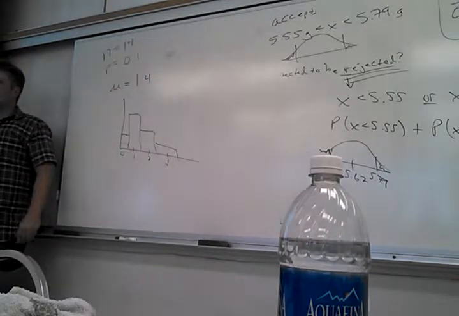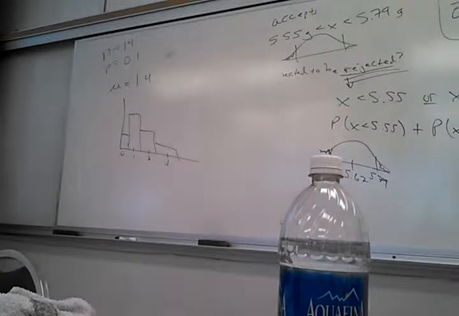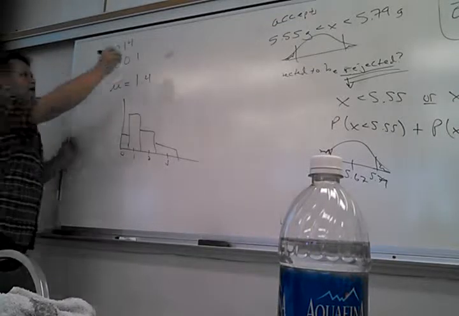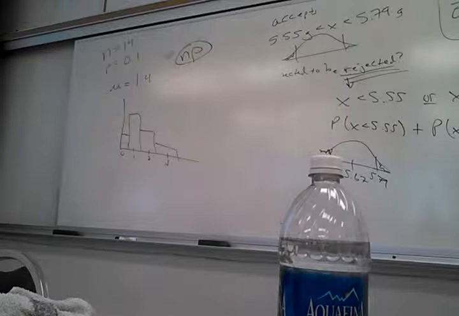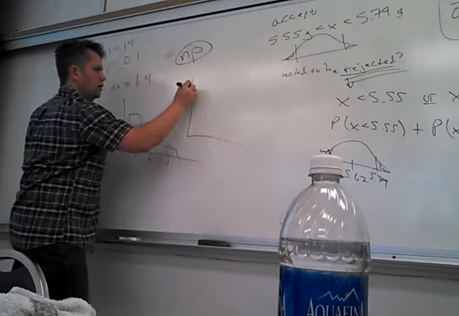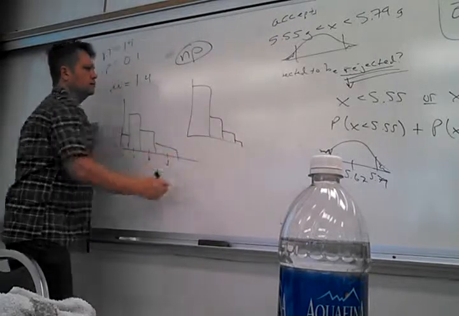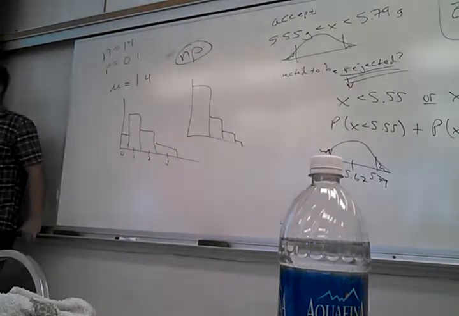No. What really made this normal is that the probability was close to 50% for one thing. But more importantly, N times P was big enough to pull it away from this wall. If NP was really small, then it could look like this. There's no way that's going to be normal.